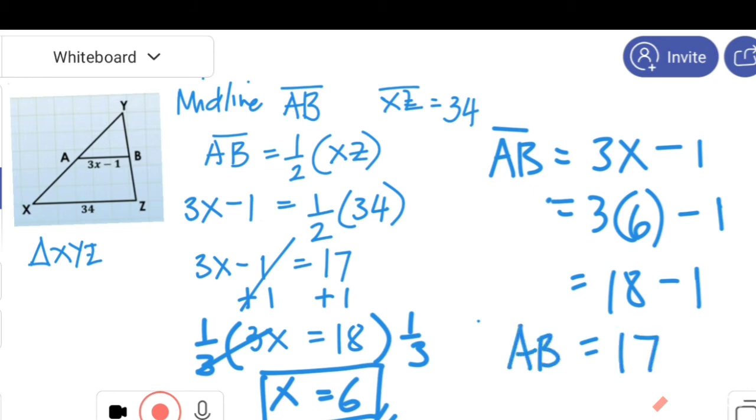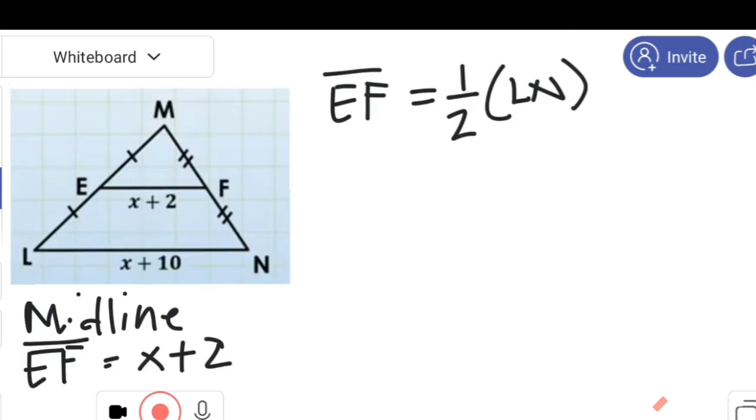This is the length of AB. Let us check if it is correct. If XZ is 34, what is 1/2 of it? Correct, 17.